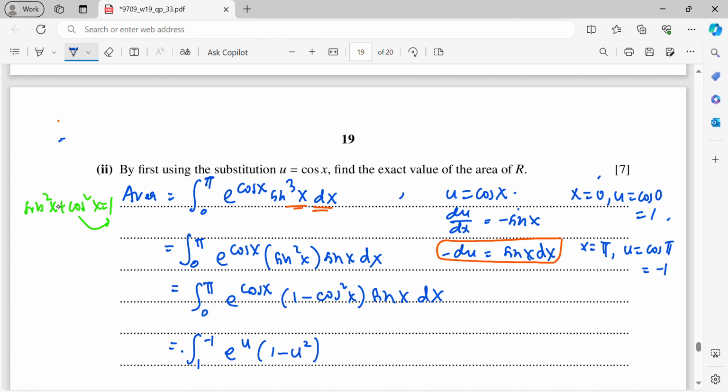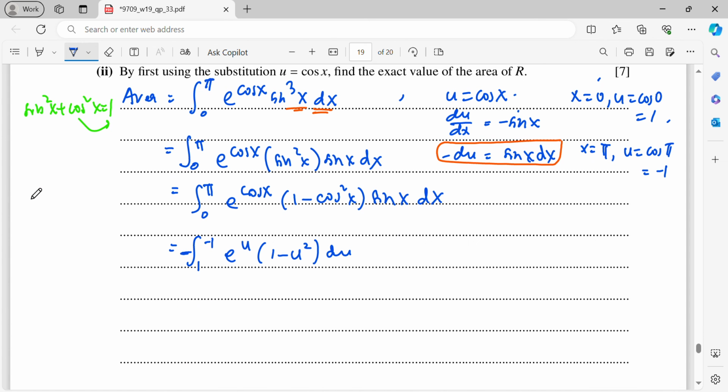So, minus du. Okay, then now here, before I integrate, I will have to solve this using integration by parts. So the minus, I will bring it in, because I don't want to keep it outside. So here will be the integral of e^u (u squared minus 1) du.